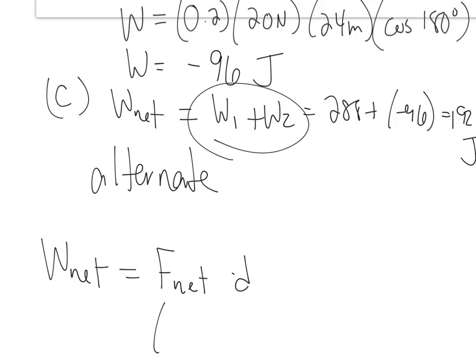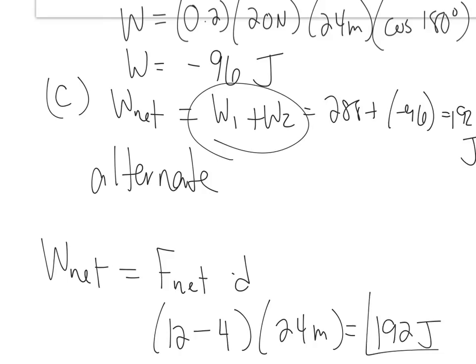The force you're pushing with is 12. Friction pulls back with -4 newtons of force, times a distance of 24 meters. That will also give you 192 joules. The cosine of 180 is already taken into account because the sign is negative, because friction is negative. So 12 is your pull. This is FP minus FF. That's the net work done. Either way is fine.